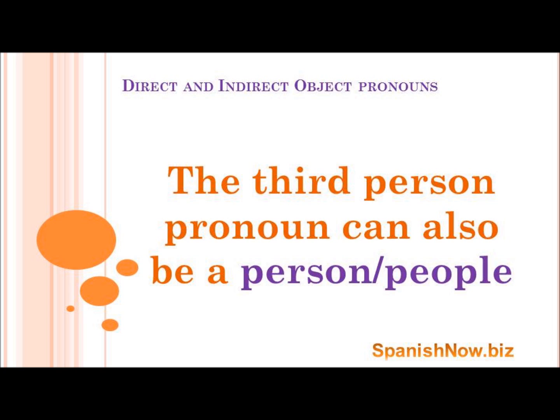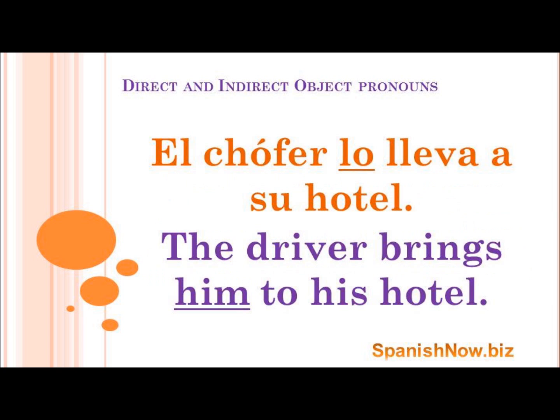Just because we're calling them objects, we're not necessarily referring to them as objects, we're referring to them as grammatical objects. So we can also refer to people if we use a third person pronoun. Let's look at some examples.